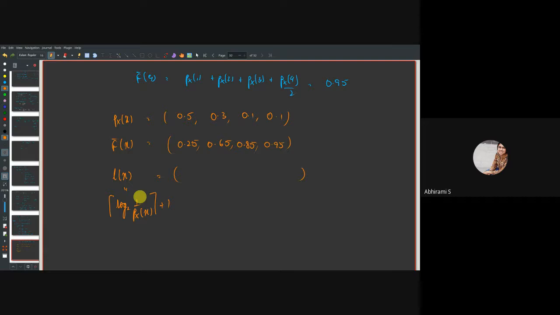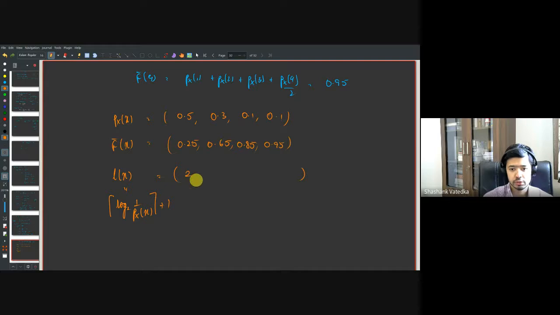Then it's 2. So this is 2. Anmol says it's 2, 3, 5, 5. Is that correct? Nadine has also confirmed it. So L of x is 2, 3, 5, 5.